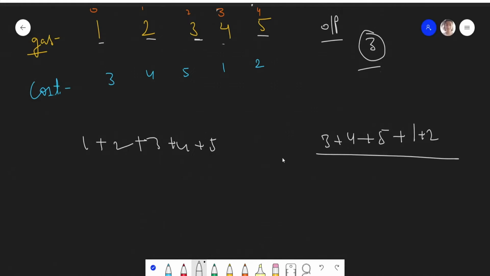This is what we need to make a full circle, and this is what we have.